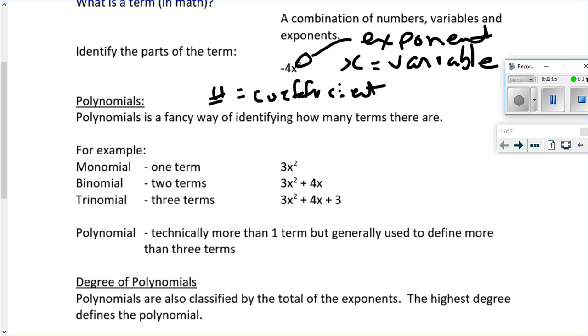And here you can see in a monomial we only have the one term. In a binomial, we have two different terms. Notice, even though both of them have numbers, both of them have the same variable, x, because they have different exponents, they are different terms.